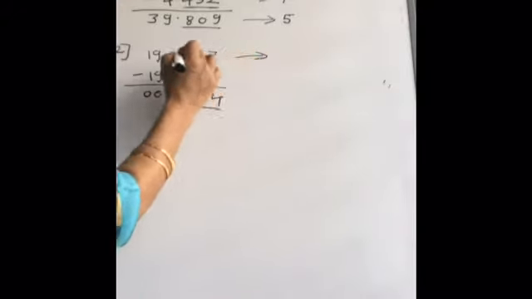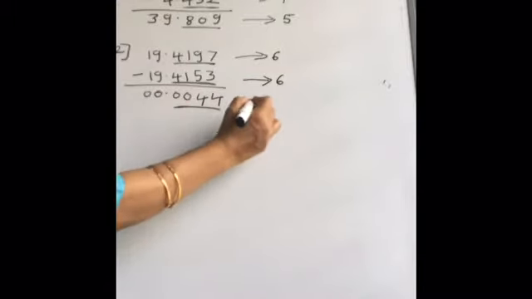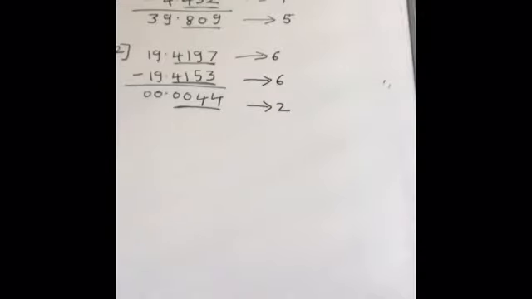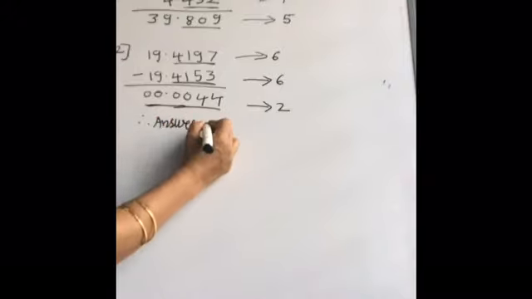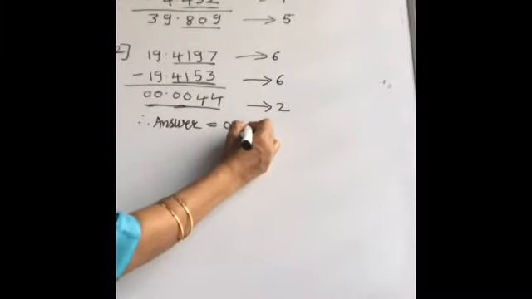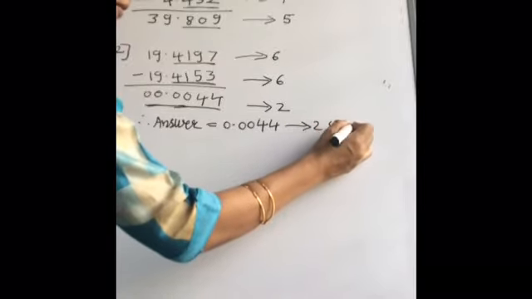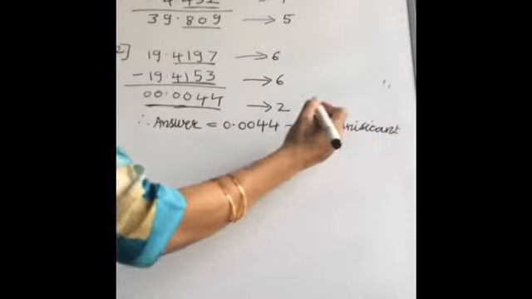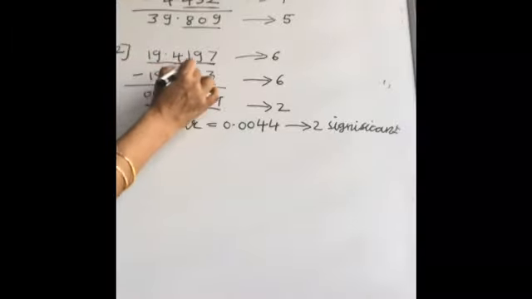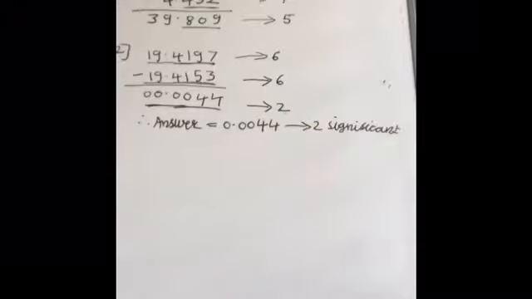In this, the total number of significant figures is 6, here again 6, and the answer has only 2 significant figures. But our answer should have 4 digits after decimal. Therefore the answer is 0.0044 having 2 significant figures.